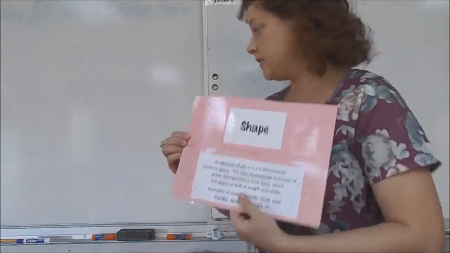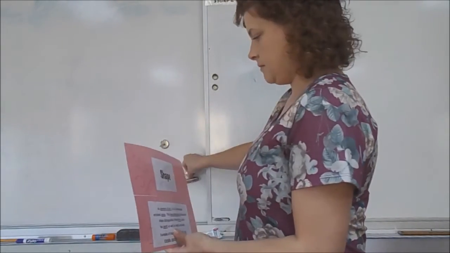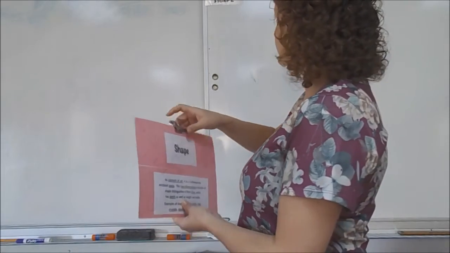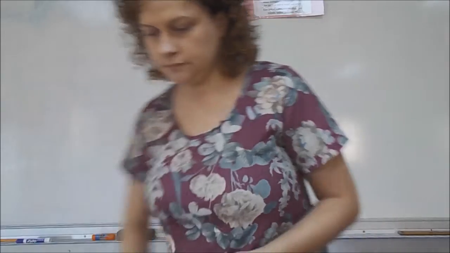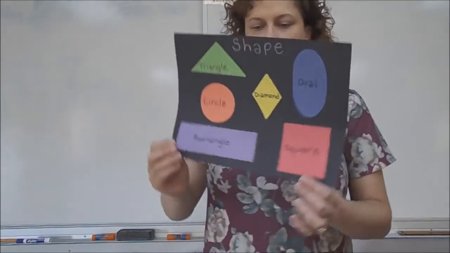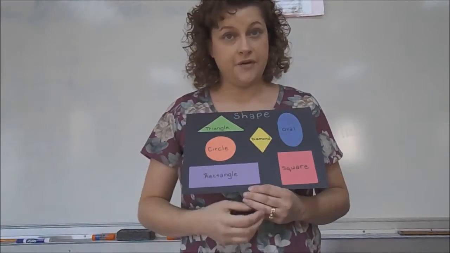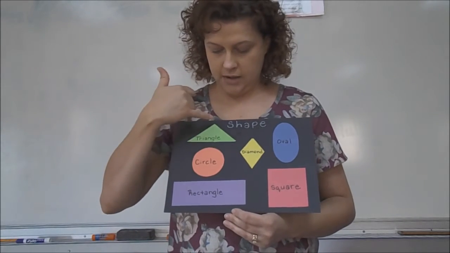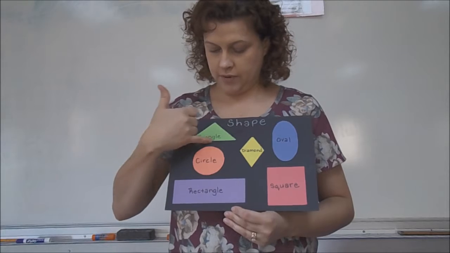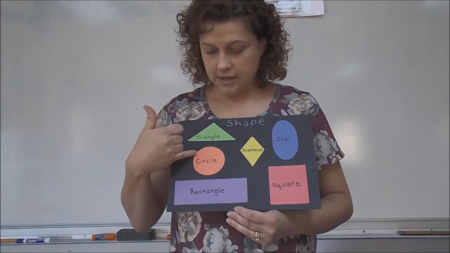So let's take a look at what those look like. I'm going to put this up here. Here's our definition. So, here are our shapes. Triangle, 3 corners, 3 sides. A circle.